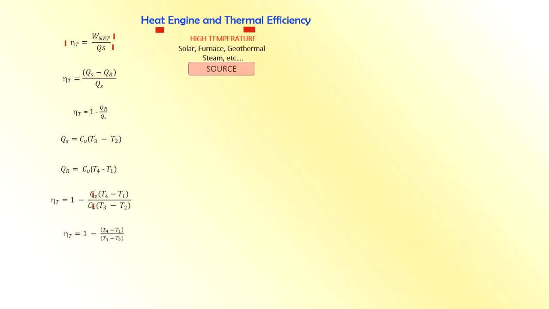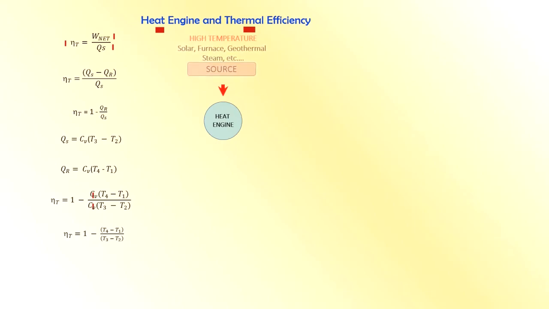So what we are going to do now is simplify this so that the thermal efficiency can be expressed in terms of the volume ratio that we referred to just now. Before that, we refer back to what we have studied about the heat engine earlier. A heat engine is an engine to which the energy required, or the gross energy, is the heat energy supplied from the source, for example solar, furnace, geothermal, steam, etc. From there you have heat supply, and then it goes into our heat engine.